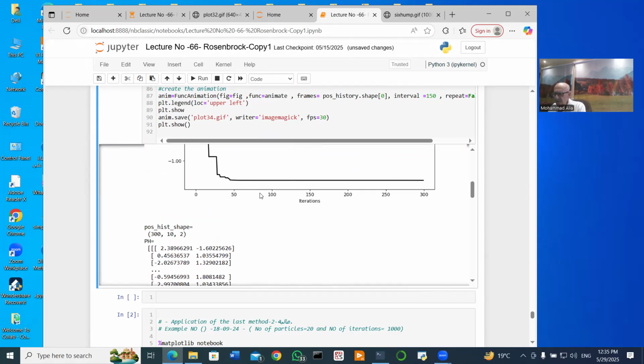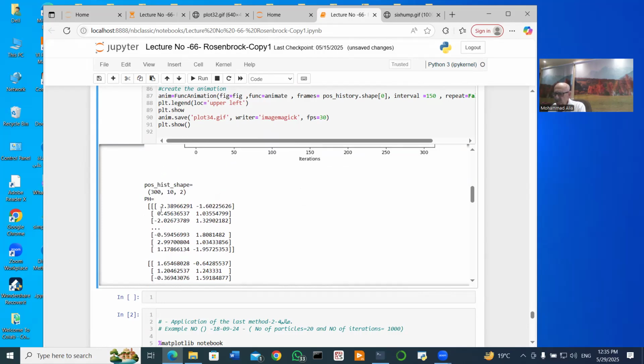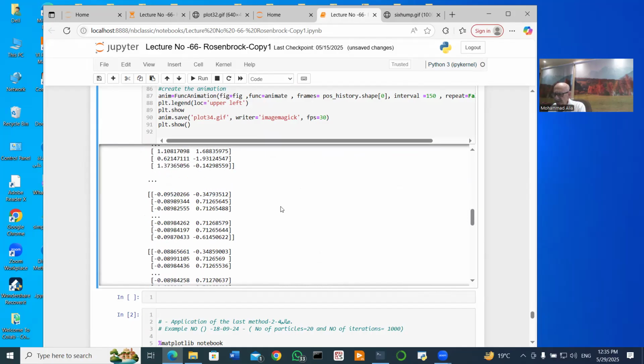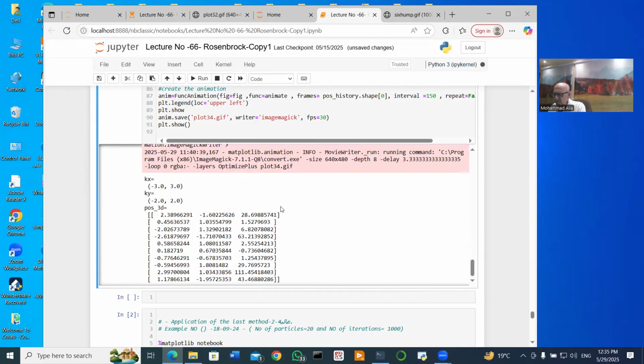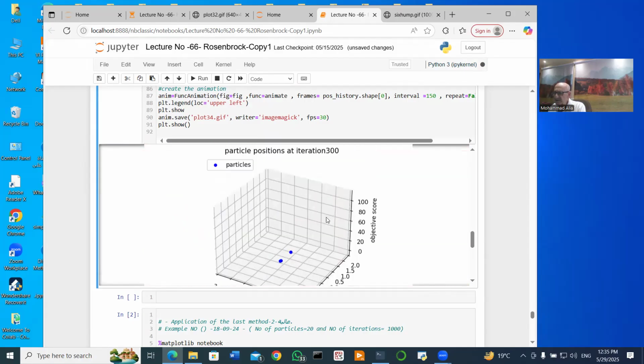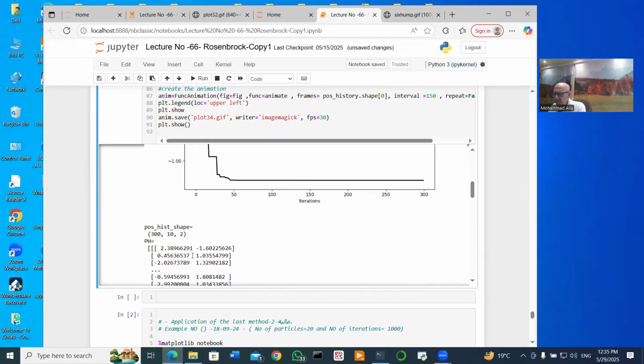If you look at the first value, 2.389, and you look at it here, it will be the same, 2.389. The second value, minus 1.60, minus 1.60, and so on.